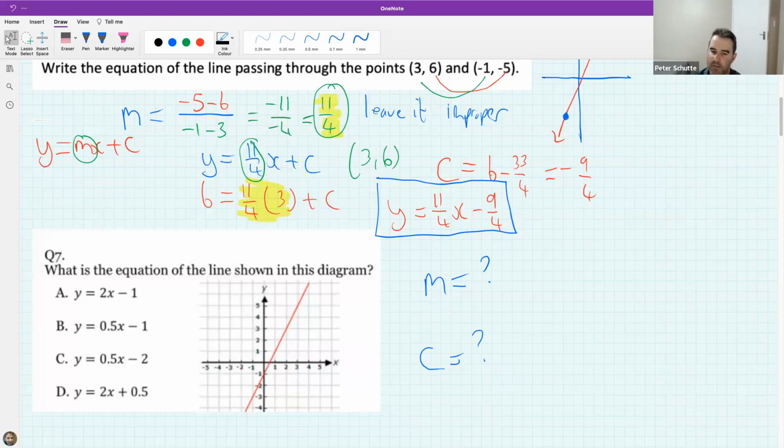Since on our previous question we got our c as negative 9/4, our formula is y equals 11/4x minus 9/4.